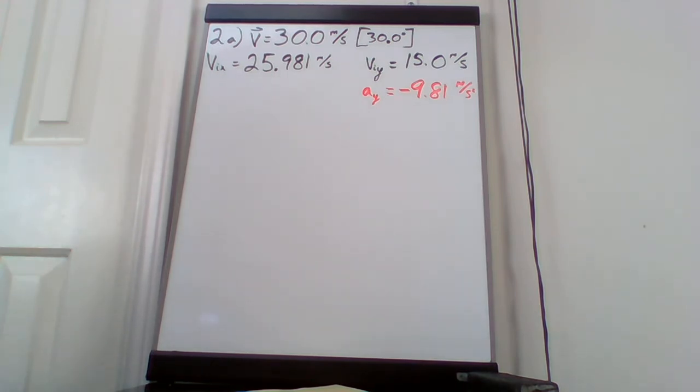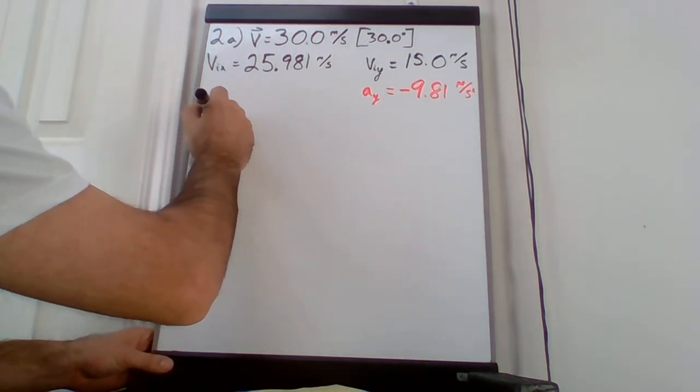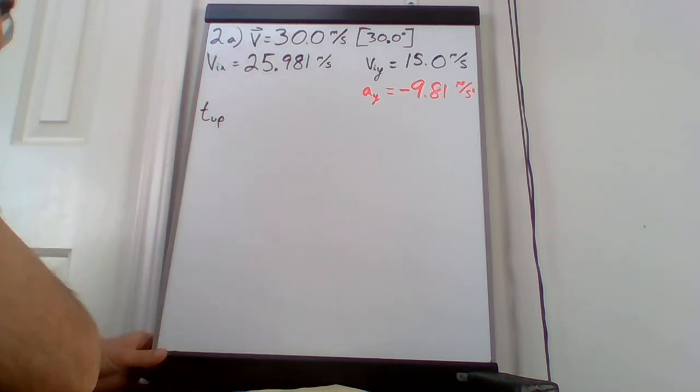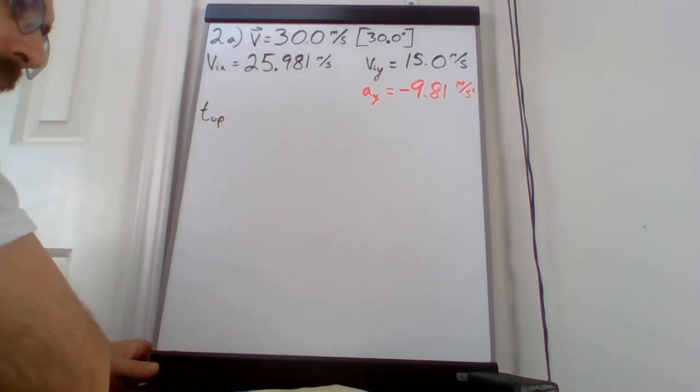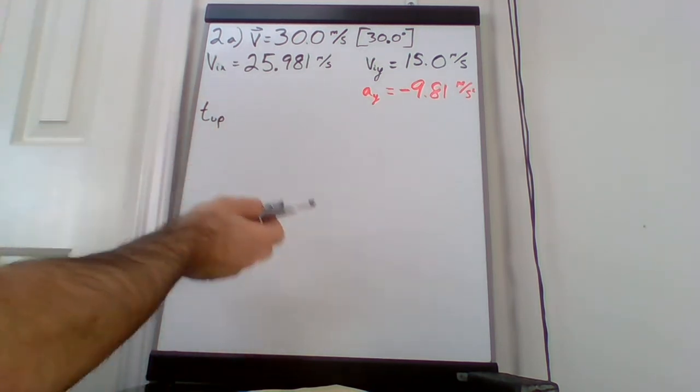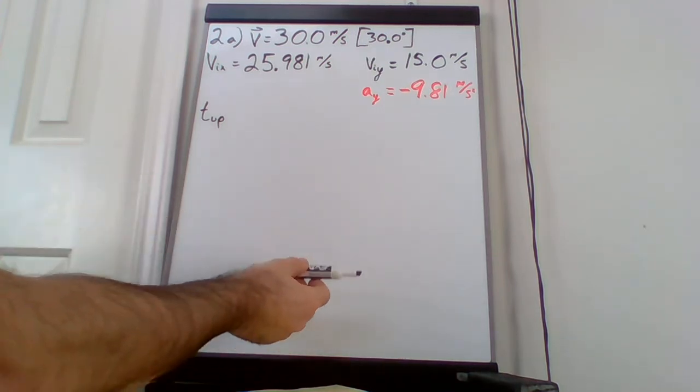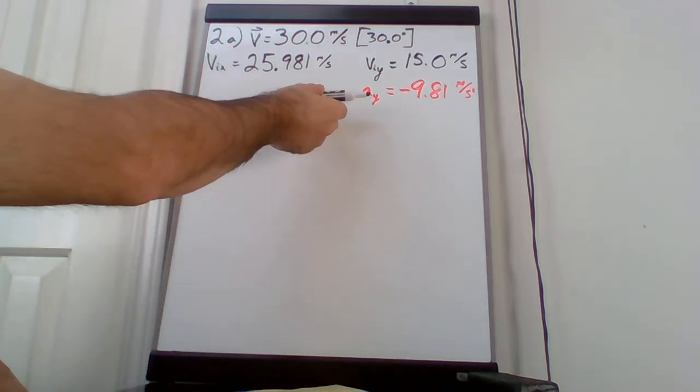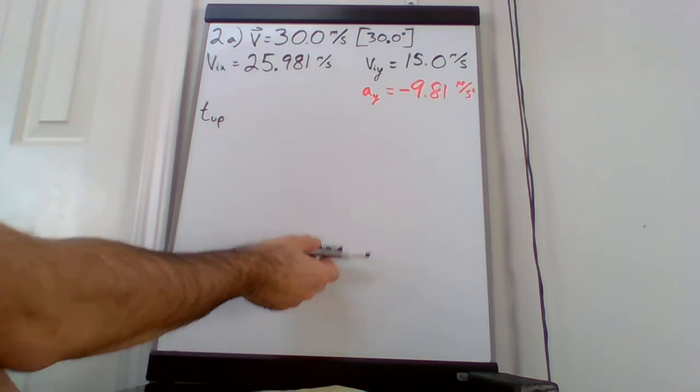Now, next up on this list, and the order that we solve these usually follows the list that's on there and the way that I'm doing these, whether that's a word problem or an example like this. So the next thing we need to find is the time to go up. We want to remember that if we're just throwing this vertically, ignoring the horizontal for a second, something goes up, reaches the peak, and then comes back down.